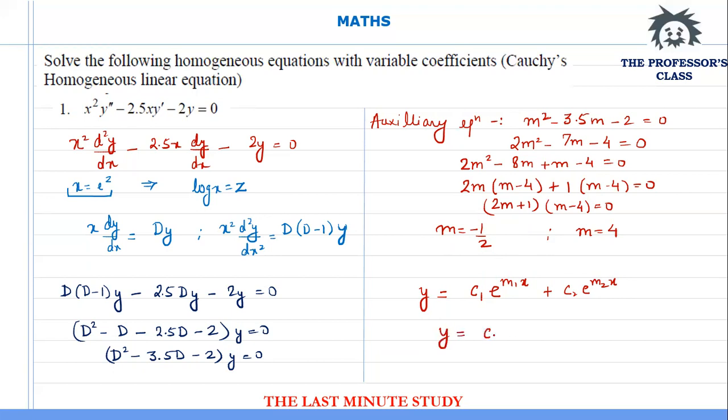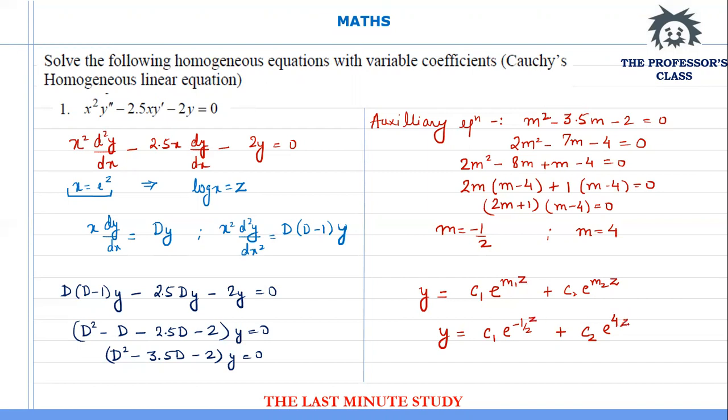So if I substitute the values, I'll get c1 e raised to the power minus 1 by 2 x plus c2 e raised to the power 4x. Now, one thing I would like to change over here. In this case, this won't be x, rather it will be z, because z is what we have calculated over here.